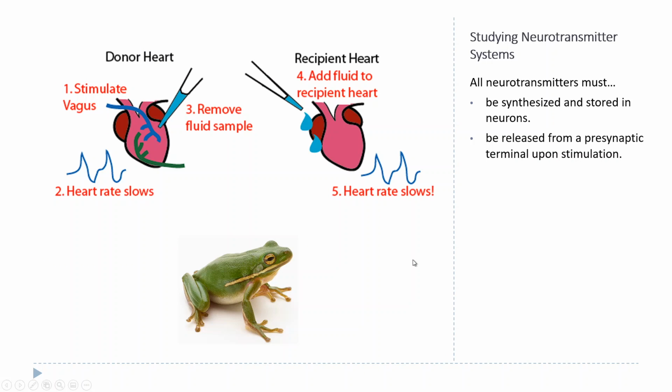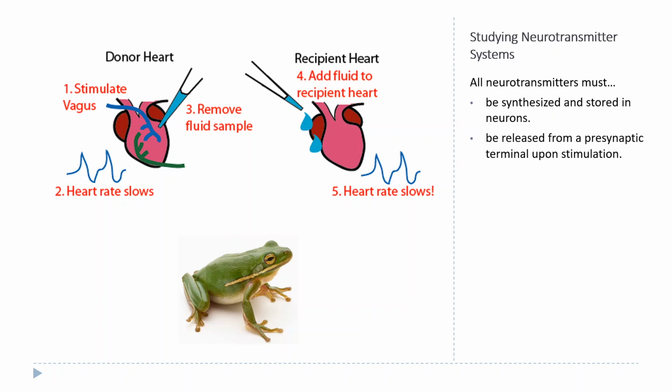Now, the next criterion for a neurotransmitter is that it gets released from the presynaptic terminal when the axon, or the neuron, is stimulated. That means if the axon experiences an action potential, then the neuron must release that neurotransmitter from its terminal.